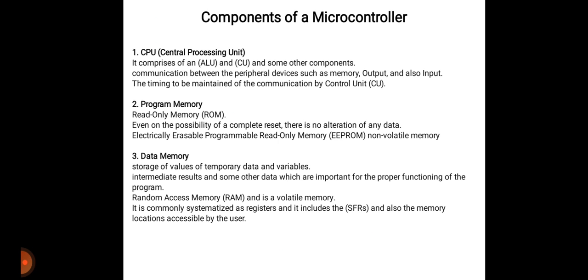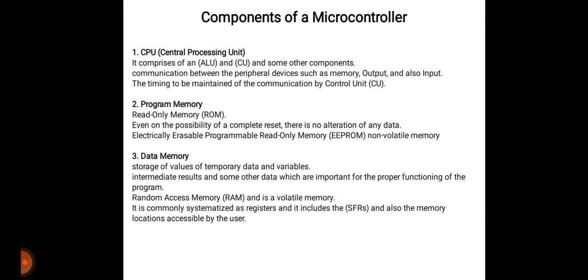The next one is program memory. In program memory, whenever instructions are given by the CPU, they are recorded and stored in the program memory. On a usual note, it is also termed as read-only memory, that is ROM. It stores data whenever the device is not functioning, or it is in off mode, or turned off.